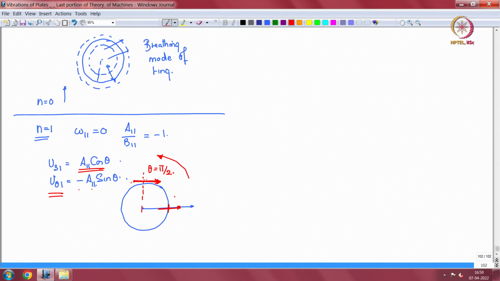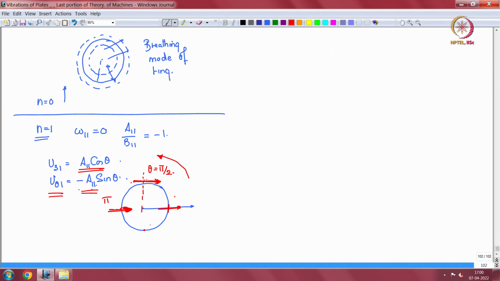Next, at theta equal to pi, I get a11 cos pi, which is negative. So positive radial movement is in this direction, negative radial movement is in that direction. So there is a movement in that direction. Whereas at theta equal to pi, there is no torsion, sin pi is 0.